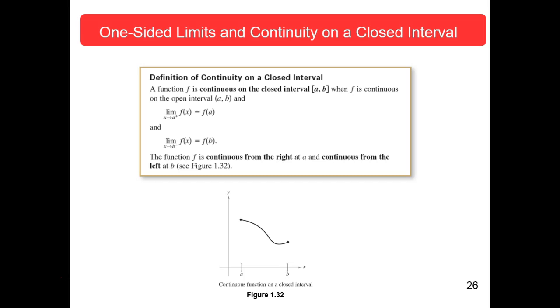And if the limit as x approaches b from the negative side is indeed f of b, if this function gives you the value here and here when you approach from a from the right and b from the left, then the function is continuous on the closed interval, okay?